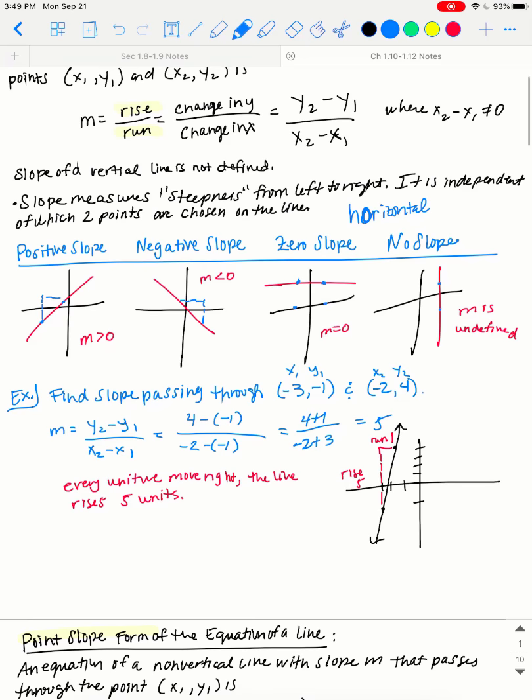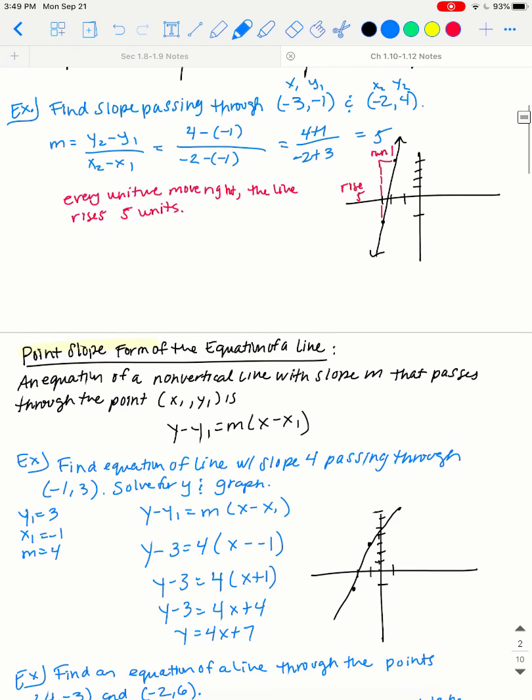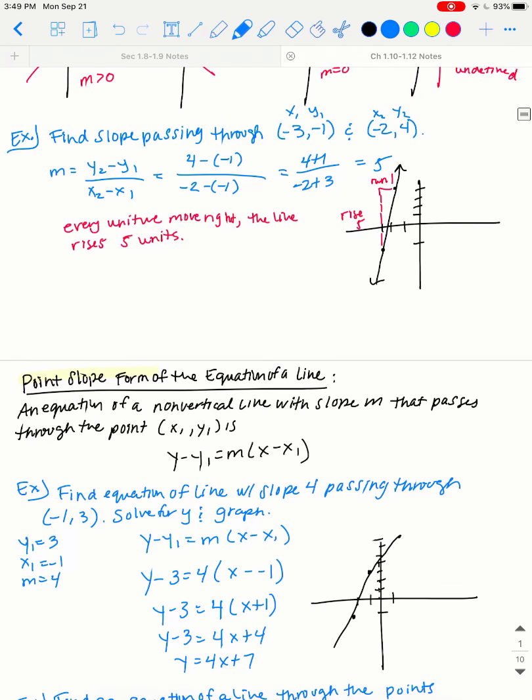Alright, so for example, we're going to find the slope passing through points (-3, -1) and (-2, 4). I always just start by labeling which one's my x1, y1 and which one's my x2, y2. So my m is y2 minus y1 over x2 minus x1.